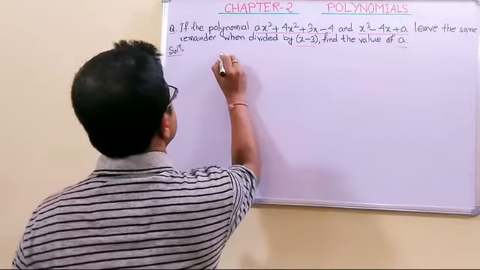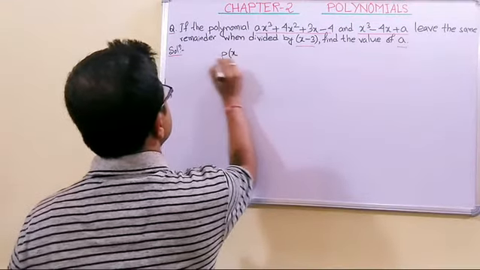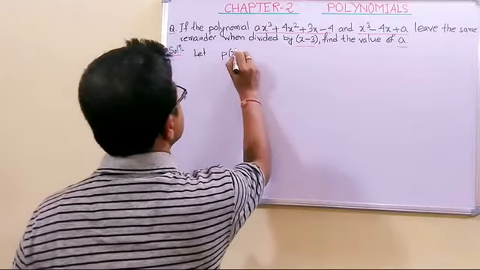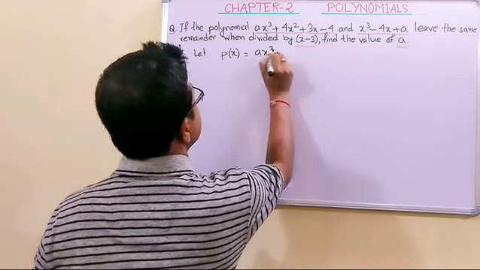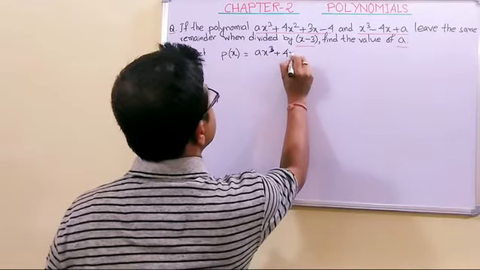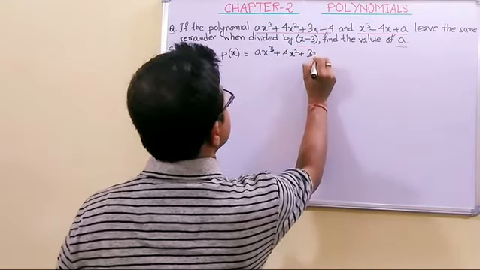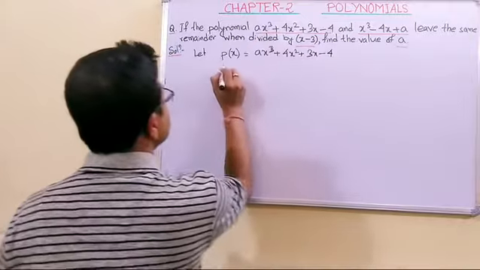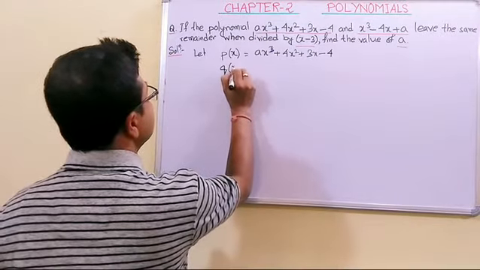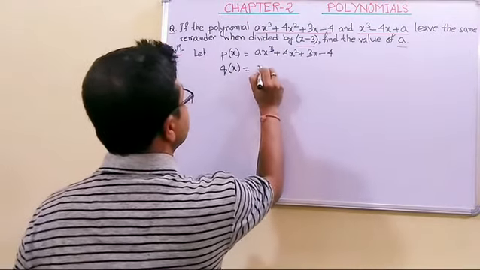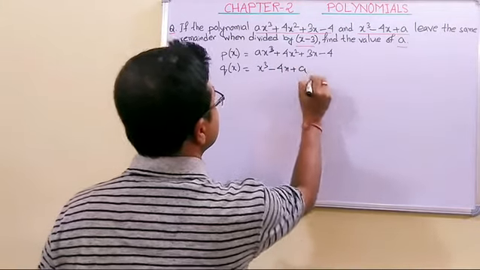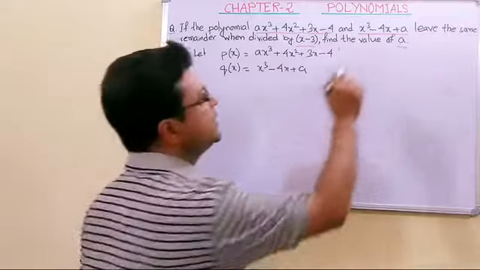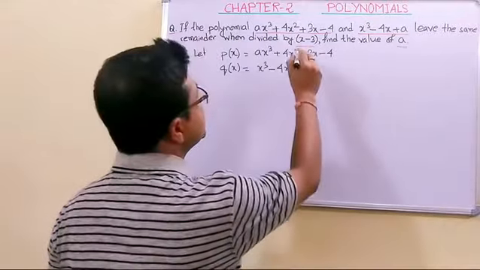Alright. The first polynomial is given by p(x) equals ax cube plus 4x square plus 3x minus 4, and the second polynomial let us denote by q(x). It is x cube minus 4x plus a. Now it is said they leave the same remainder.